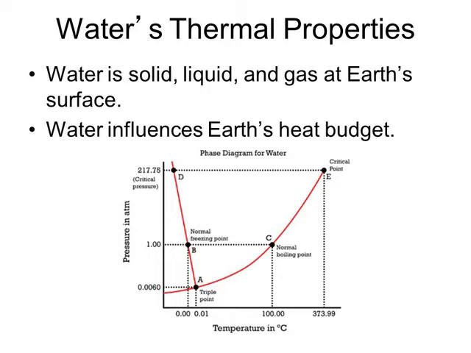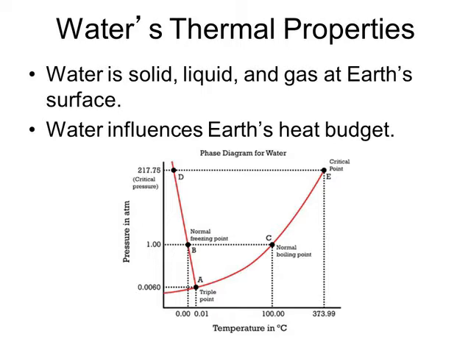If we look at this phase diagram of water, you can see that the triple point, which is at A, is at 0.01 degrees C. Because the triple point is at a pressure and a temperature that can be found on Earth's surface, that allows all three phases of water to occur simultaneously.